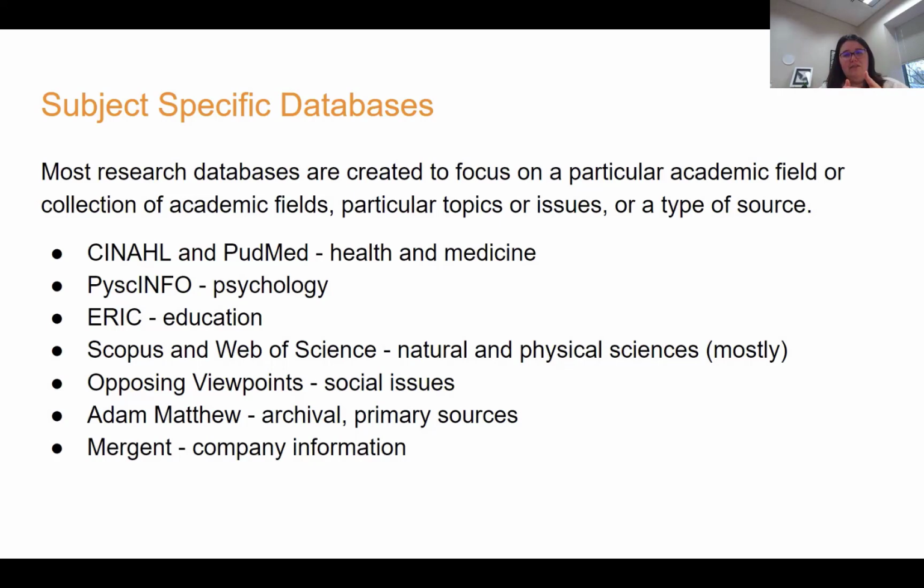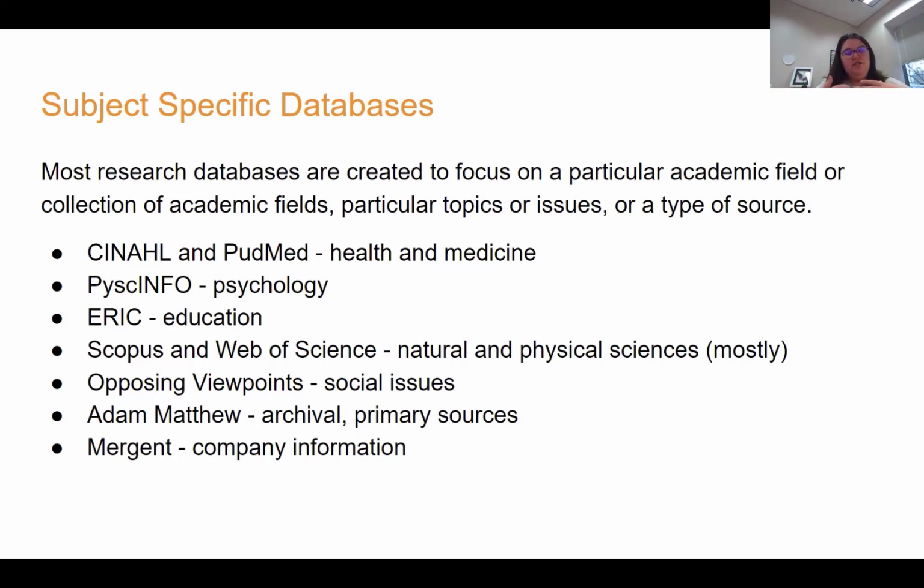And then we even have specialized databases for business students, like Mergent, which is great for company information. We also have industry level databases, right? So there's a lot of different ways that this information is marketed and packaged. Once you get into those upper level classes, going into the subject specific databases is going to help ease the irrelevant results and get you more focused on what you need.